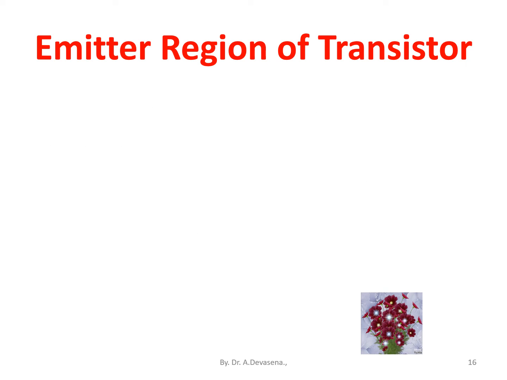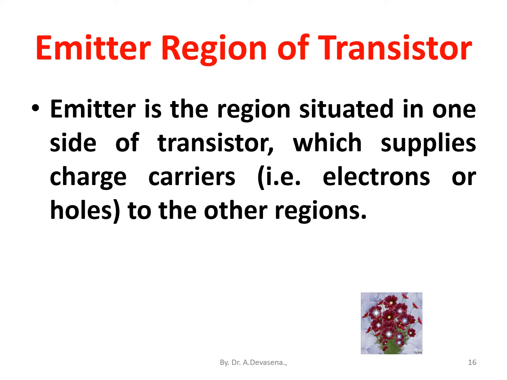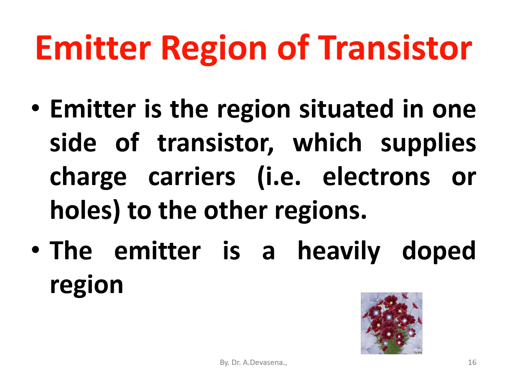Emitter region of transistor. The emitter is the region situated on one side of the transistor which supplies charge carriers, that is, electrons or holes, to the other regions. The emitter is a heavily doped region.